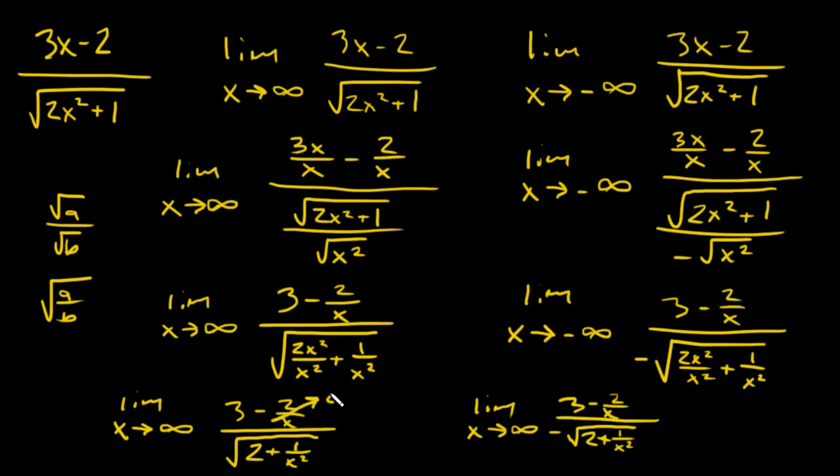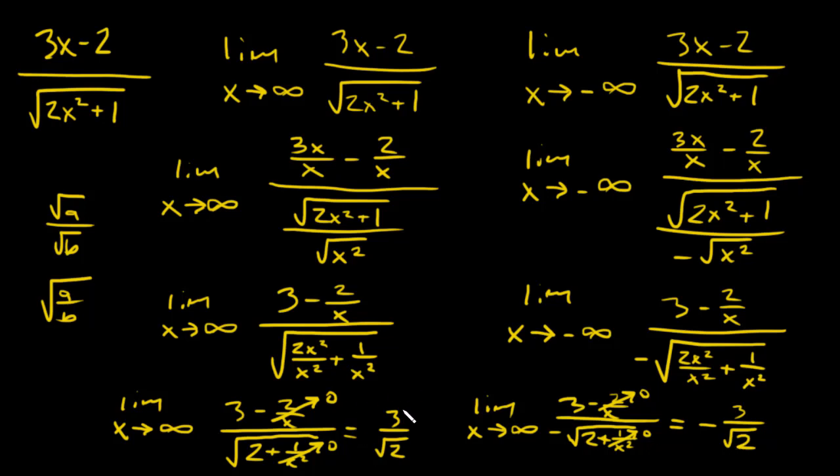This is going to go to 0. This is going to go to 0. So I'm going to be left with 3 over root 2. That will be what it is approaching as x approaches positive infinity. On this side it is going to be negative 3 over root 2.